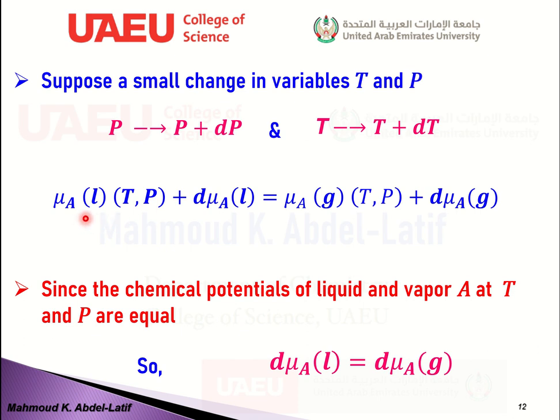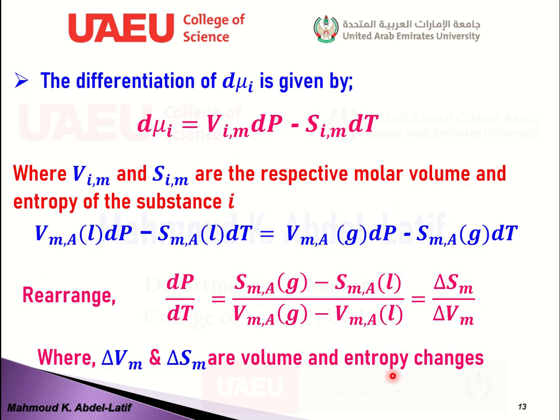From the previous equation, this term will be the same as this term, so they can be cancelled, since the chemical potentials of liquid and vapor A at T and P are equal. So you end up with d mu A of the liquid state being the same as d mu A of the gaseous state. Okay, that's good.